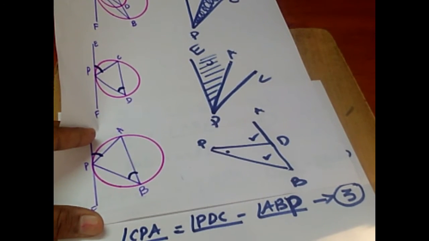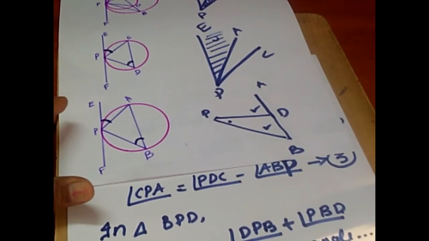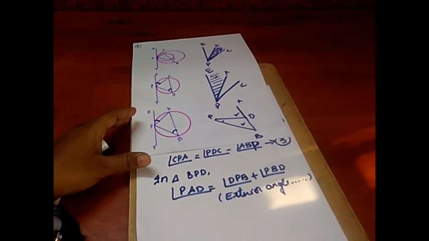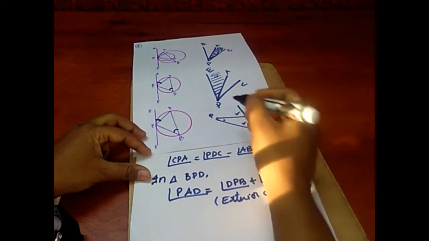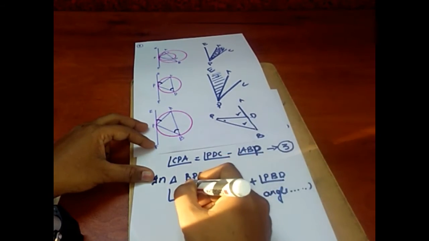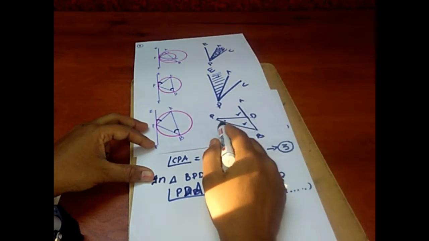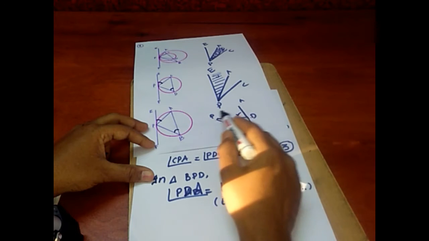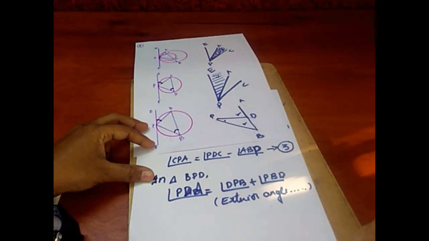Reason: exterior angle of a triangle is equal to the sum of the two interior opposite angles. So this angle PDA is equal to the remaining two angles. One is angle DPB, the other one is angle PBD.